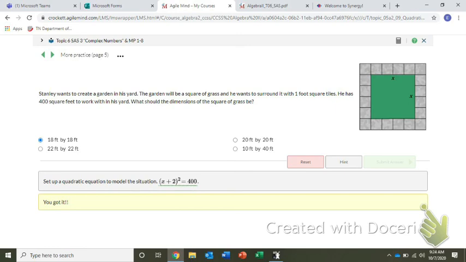Look at this corner of the grass. It has a tile here touching it, and it has a tile here touching it, which gives me the 2. 18 plus 2 equals what? 20. So that's where that comes from.